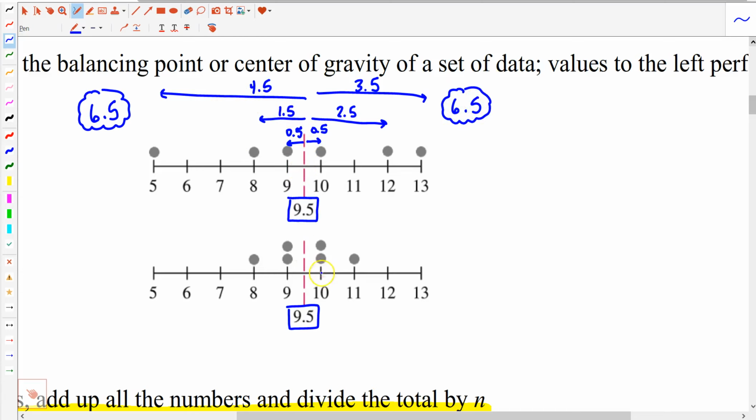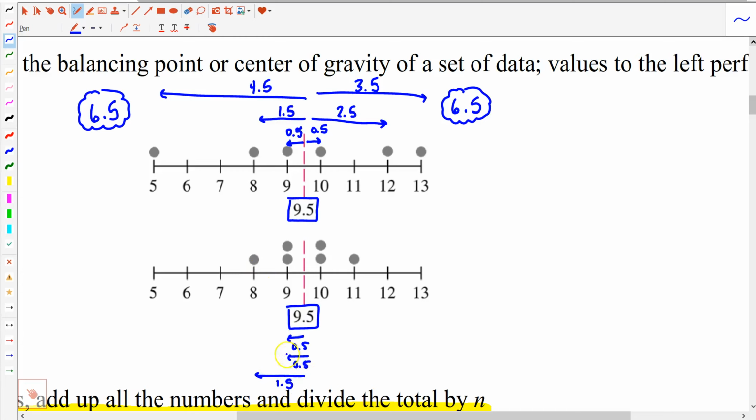Now here is a different data set down here that also has a mean of 9.5. And let's go explore what's going on with the offsets left and right of this data set. So each of these two data values right here have a pull of 0.5. And this value out here is a pull of 1.5.